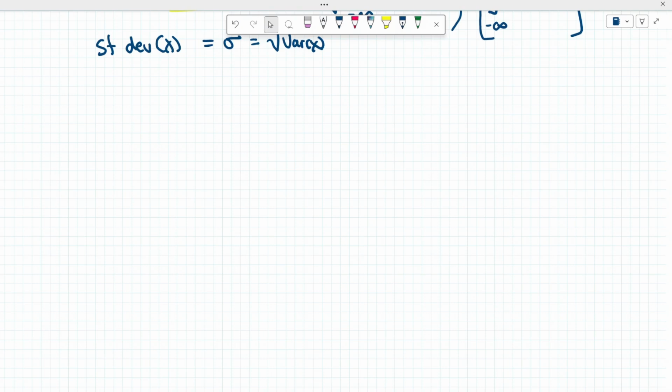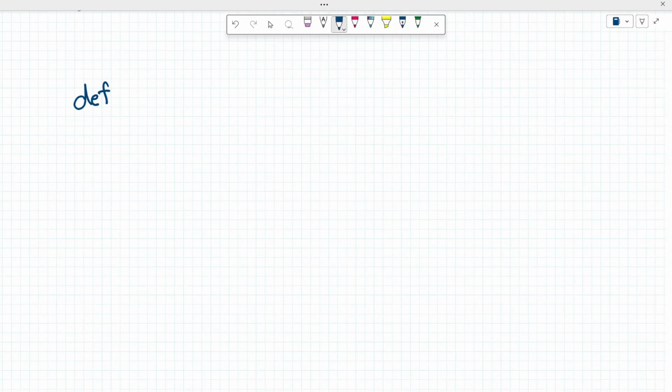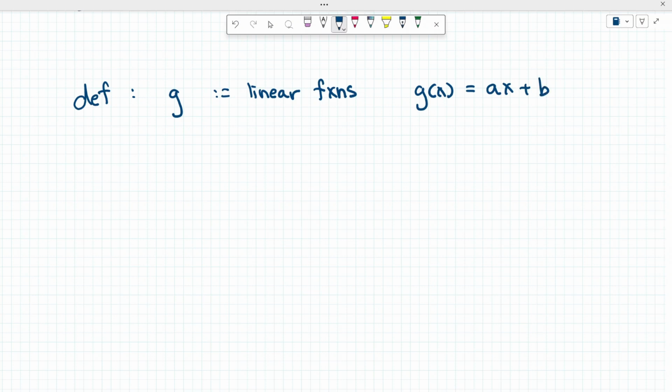What I mean by that is if we have some g, which is a linear function, and we should all be familiar with linear functions by now, that means we can write g of x as, let's say, ax plus b, our typical notation where a is our slope and b is our y-intercept.